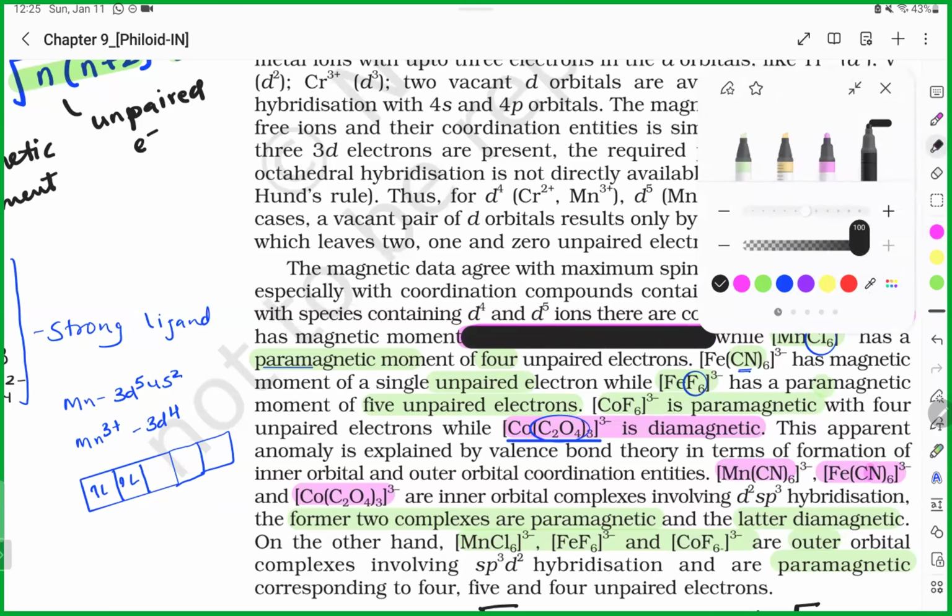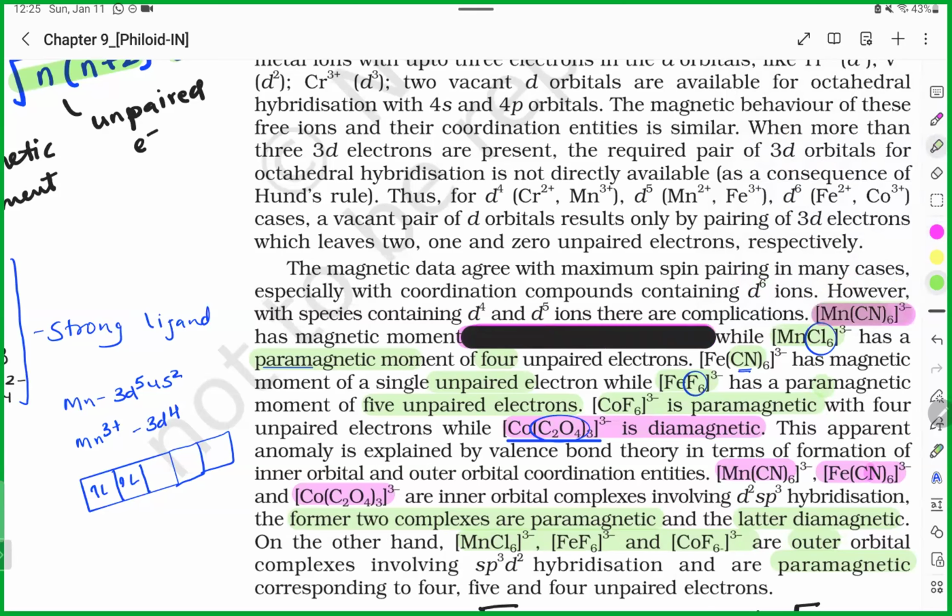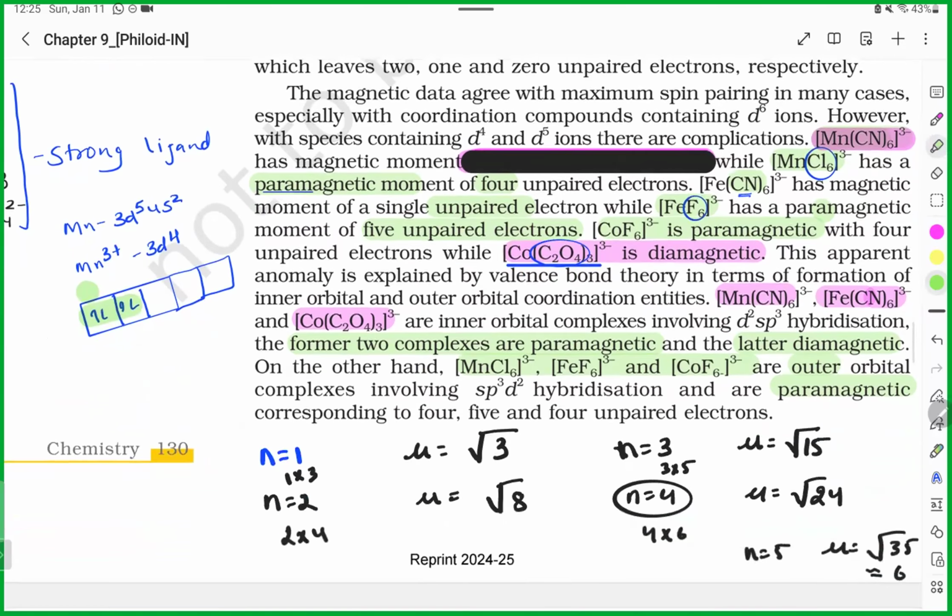Got it? There is no unpaired electron because here it will cause pairing. All other things are normal, so don't worry about other things. Halogen will be a weak ligand. Ammonia, cyanide, carbonyl, and C2O4 will be strong ligands.